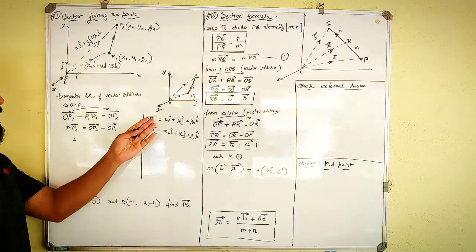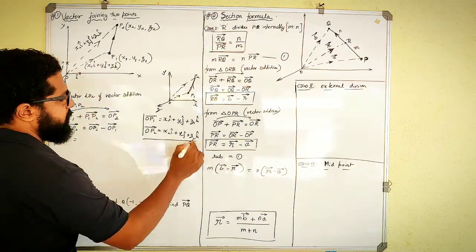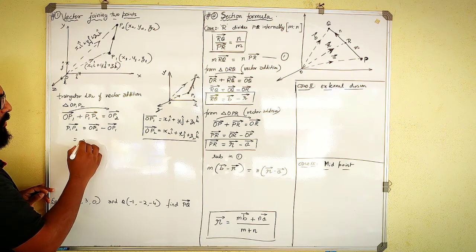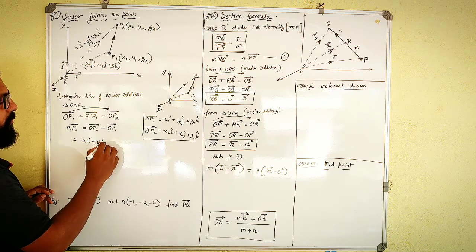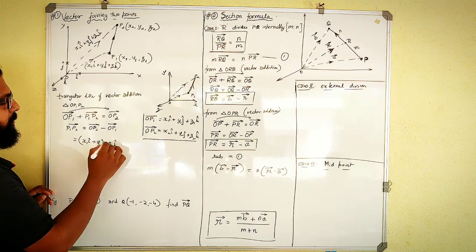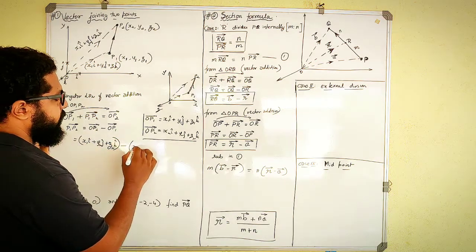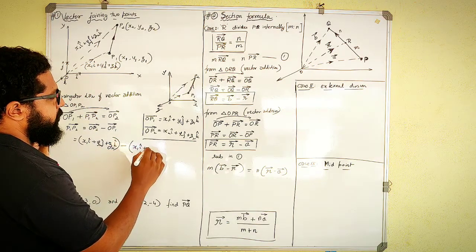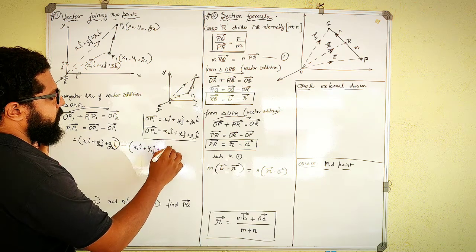Clear? I will substitute these components into this. So it will look like this: OP2 vector, x2 i cap plus y2 j cap plus z2 k cap, minus OP1 vector, x1 i cap plus y1 j cap plus z1 k cap.